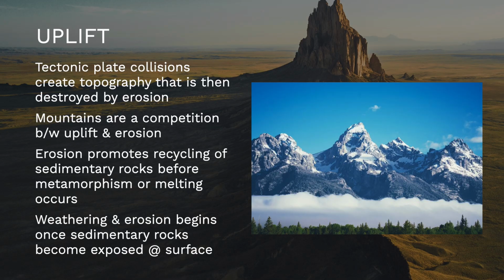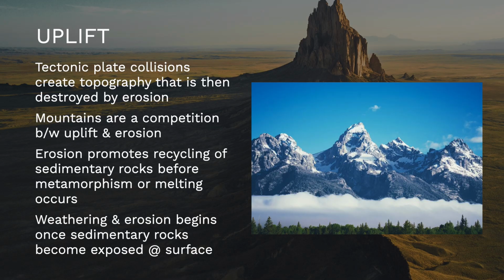So, once formed, these sedimentary rocks can then be uplifted again, during tectonic plate collisions that create topography, such as mountain ranges that are then destroyed by erosion. So really uplift or mountains and mountain ranges in general are created by the competition between the rate of uplift and the rate of erosion.